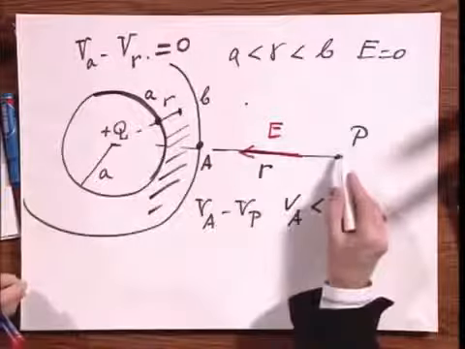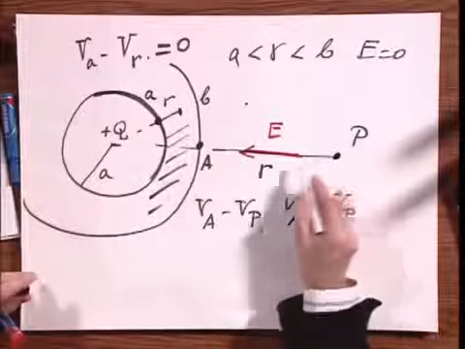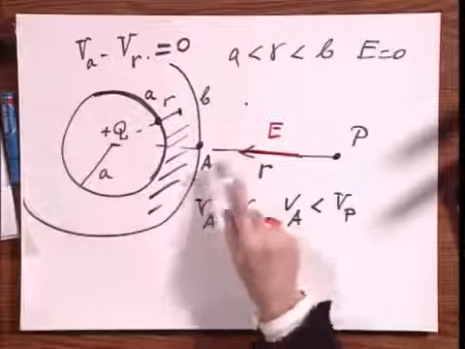And the plus charge always moves from a higher potential to a lower potential. That's something that you really should remember. When you're in doubt, you take a plus charge, you release it, it will move in a certain direction under the influence of the electric force. It always goes from a higher potential to a lower potential. Whereas a negative charge, so to speak, flows upstream. It goes from a lower potential to a higher potential. So you already see that VA must be lower than VP.